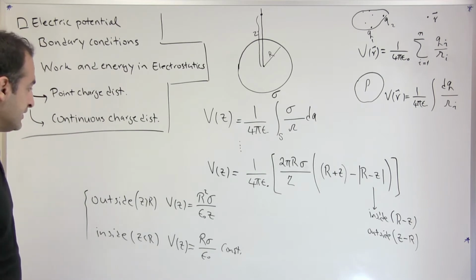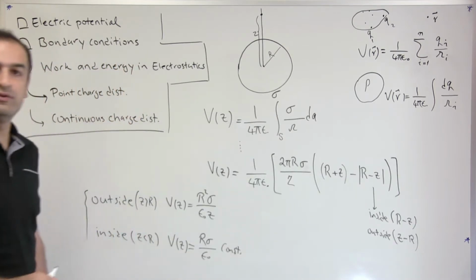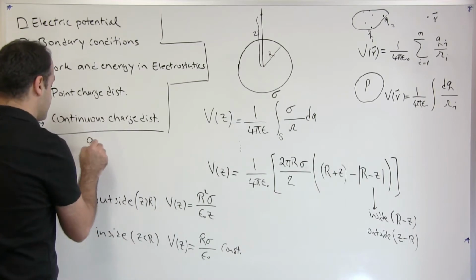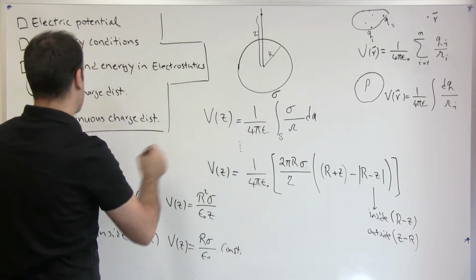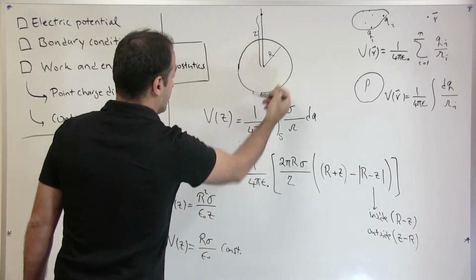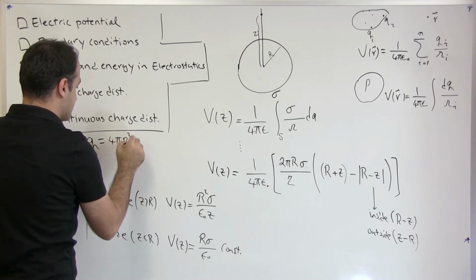Another way of writing this, if you want to write it in a nicer way, is in terms of Q, the total charge on the sphere. If the surface charge distribution is uniform sigma, the total charge on this sphere is 4 pi R squared sigma.